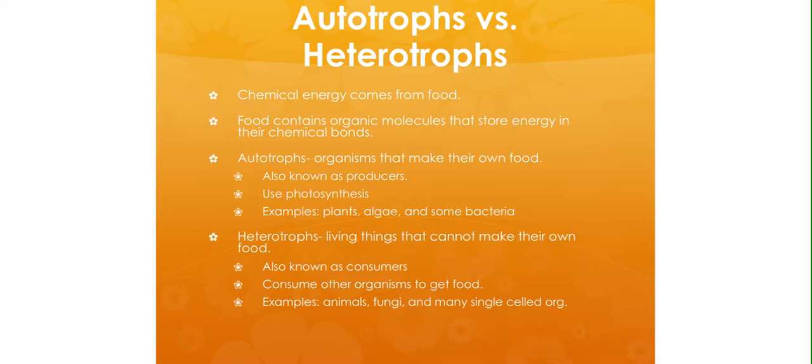Because then you have these other guys that come in known as heterotrophs. Heterotrophs cannot make their own food, so they get their food by consuming. They are known as consumers, and they consume autotrophs or other heterotrophs. We will be adding notes about consumers, and we talked about this yesterday already, so you shouldn't freak out.